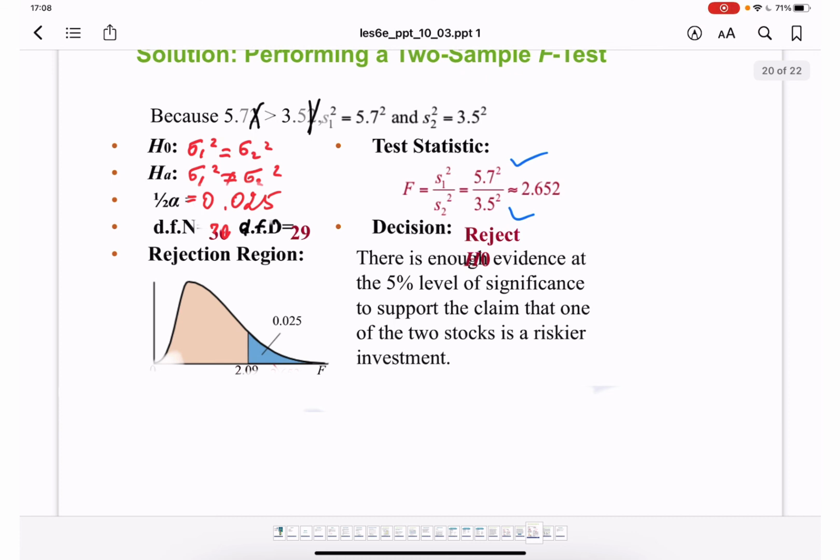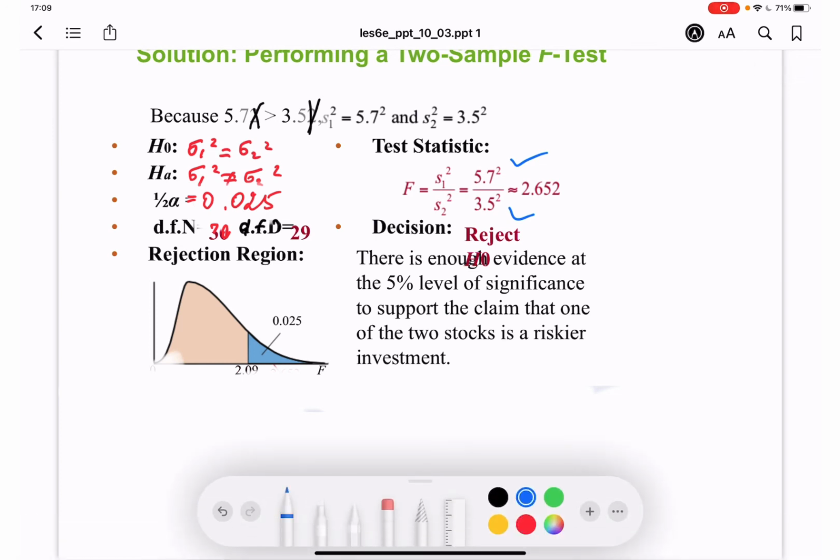And from here we get the test statistic, S1 squared divided by S2 squared, which is the greater variance 5.7 squared over the smaller variance 3.5 squared. We use the greater one as the numerator and the smaller one as the denominator to get the right tail, because everything is positive there.